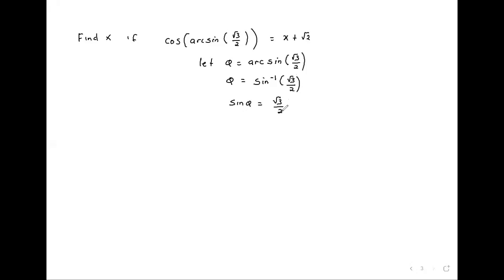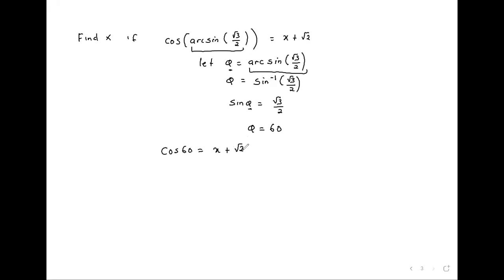Exactly, on the calculator, if you have sine theta equal to root 3 over 2 and you want theta, you take the second function. So what is theta then? Theta is equal to 60. Since we say that theta is equal to this thing inside, we have cos 60 is equal to x plus root 2.